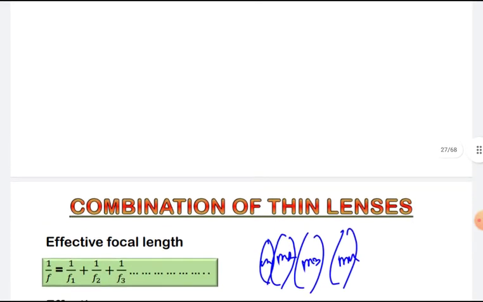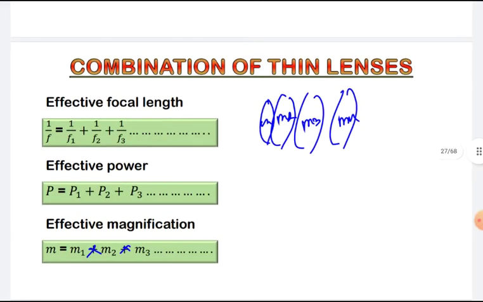Effective focal length 1 by f is equal to 1 by f1 plus 1 by f2 plus 1 by f3 and so on. And the effective power P is equal to P1 plus P2 plus P3. And the effective magnification M is equal to M1 into M2 into M3.